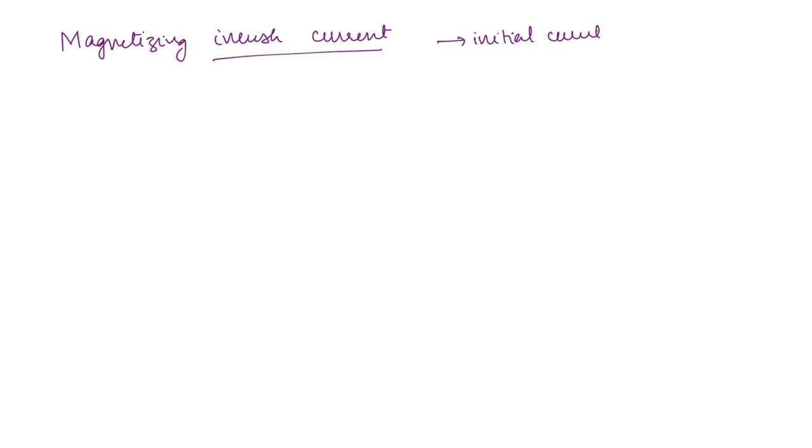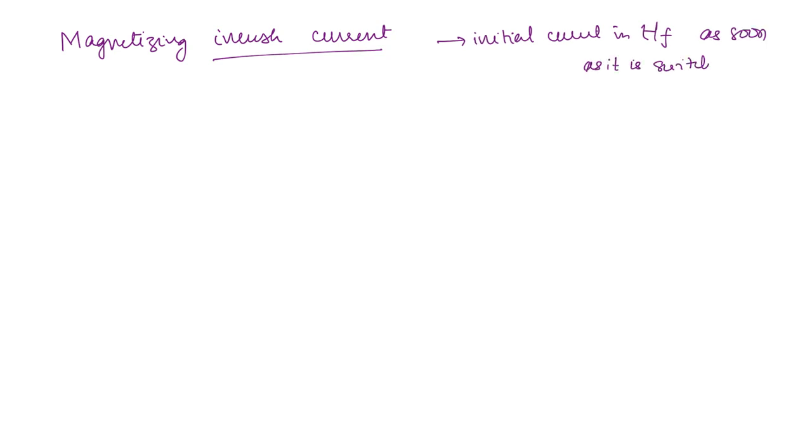Now for the transformer, there will be a magnetizing inrush current. This is the huge amount of current that flows in the transformer as soon as it is switched on. You can consider it to be the initial current in the transformer as soon as it is switched on.